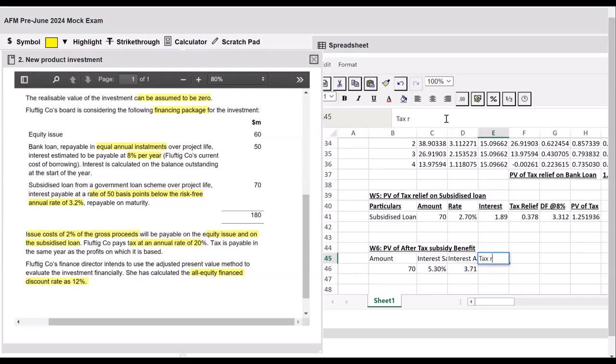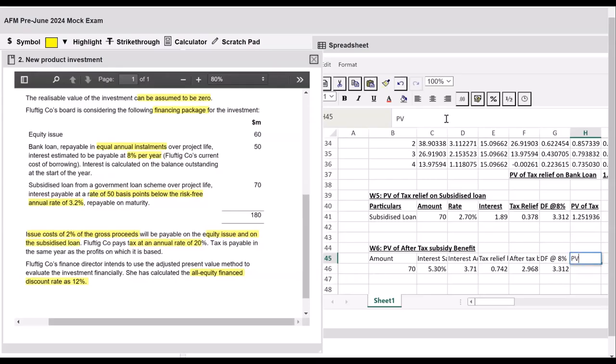And what is the tax relief which is lost, or the tax shield that is lost? We shall lose 20 percent of this. And the after tax benefit is going to be 3.71 minus this, discounted at 8 percent, 3.312.